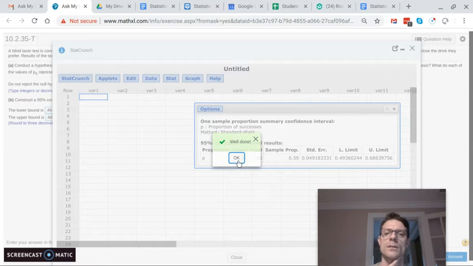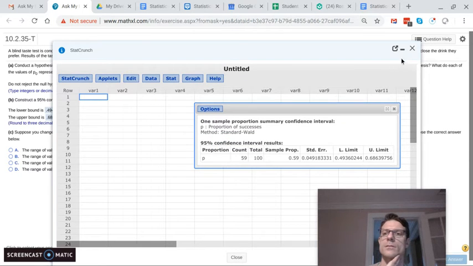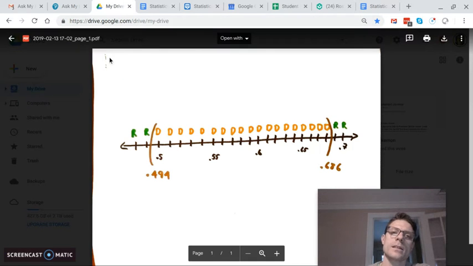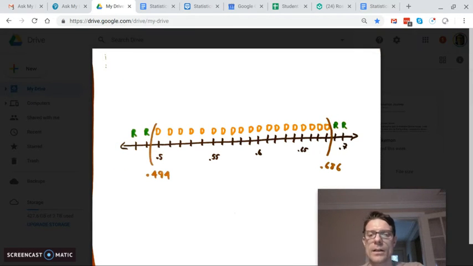Okay. Now, what's really cool here, and the reason that this question is so valuable, is look at this. The lower bound is almost the same as when you start rejecting the null hypothesis on the low end, and this upper bound is basically when you start rejecting the null hypothesis on the upper end. And this is what connects hypothesis testing and confidence intervals.